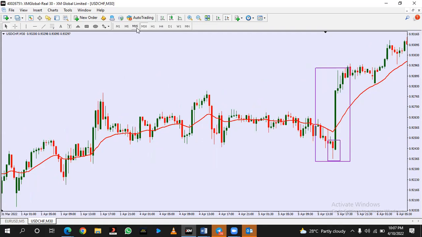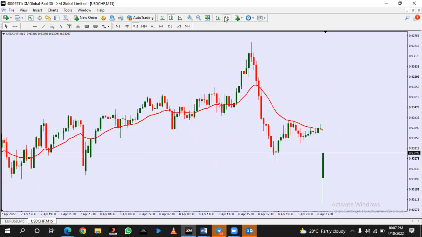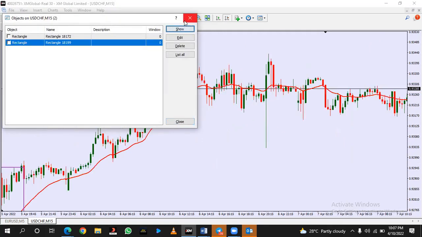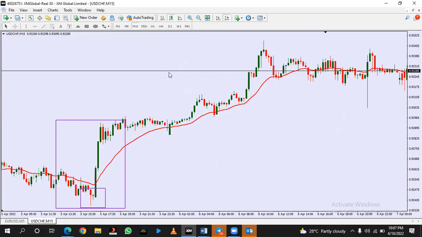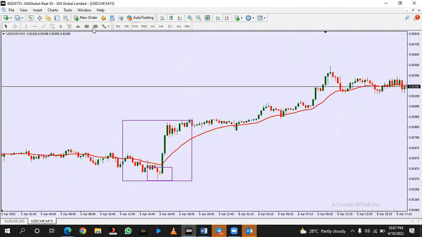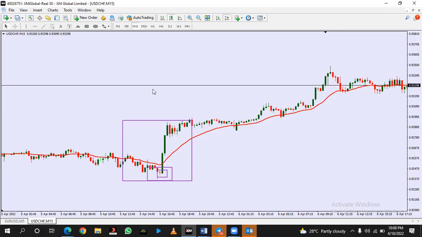If I go down to 15 minutes, can you see now that the other block has been refined to this particular last bearish bar? Are we seeing this? Hello, I need answers.